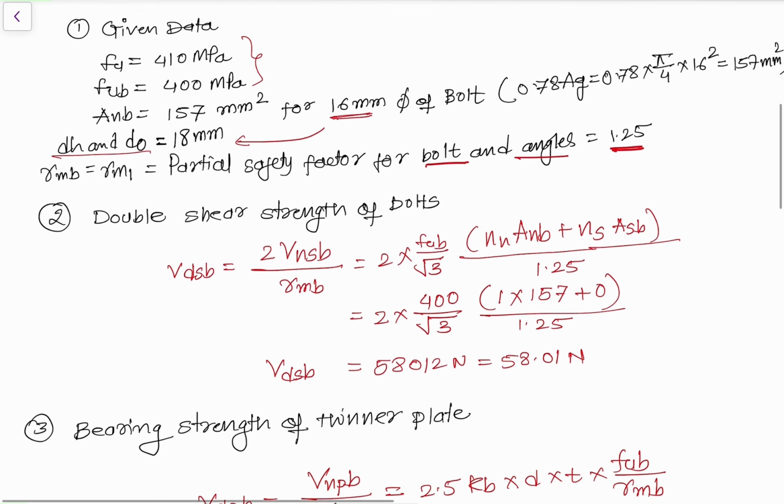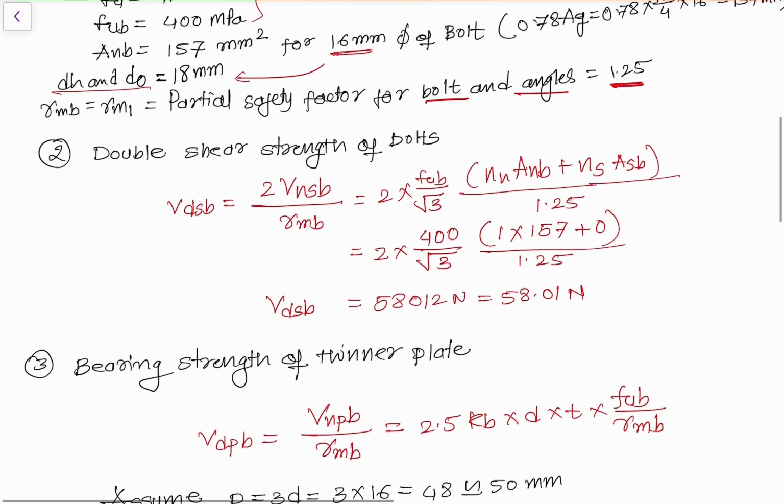First of all, after the basic data calculation, we need to find the double shear strength of the bolt. That is the first step. So we need to calculate Vdsb. The formula is very simple: Vnsb upon gamma mb. But here we have two bolts, since we are calculating double shear, so just multiply by 2.